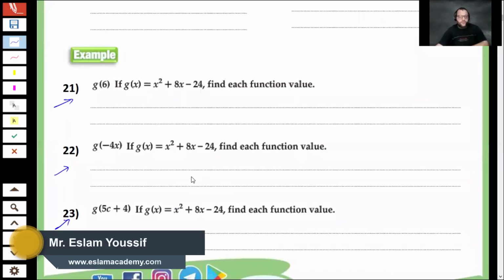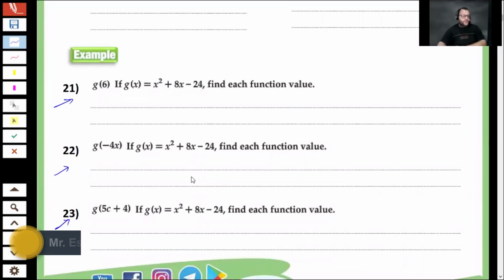Yeah, we just replace x with the number. Yes, we did it. Okay. So I will revise number 21, 22, and 23. Then you can solve the next.